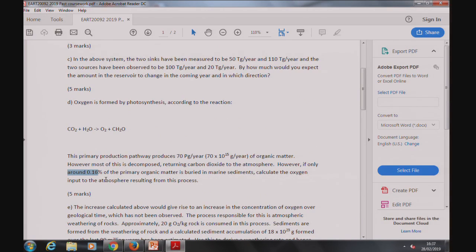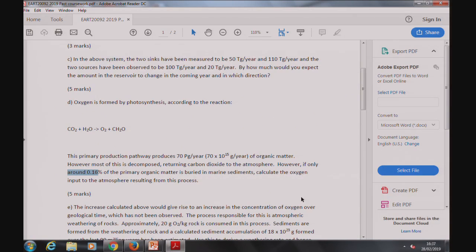Because peta is 10 to the 15 and tera is 10 to the 12, this is equal to 112 teragrams per year. And that's the organic matter.